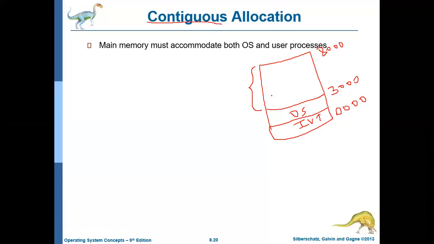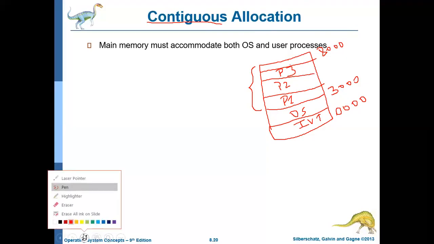If the first user process occupies this location, then the next user process will occupy this location, and the next one this location. Generally, memory will be allocated to processes in a contiguous way, and it goes on. So this is the overall concept of contiguous memory allocation.